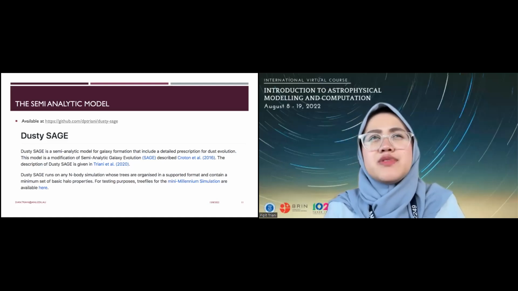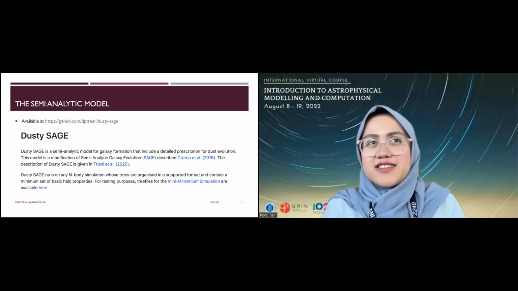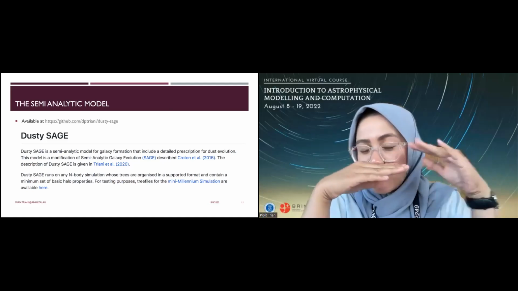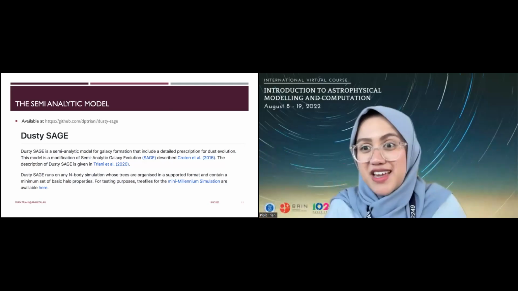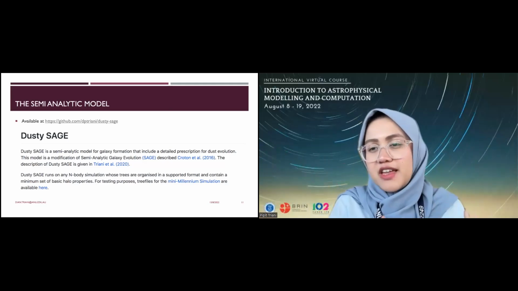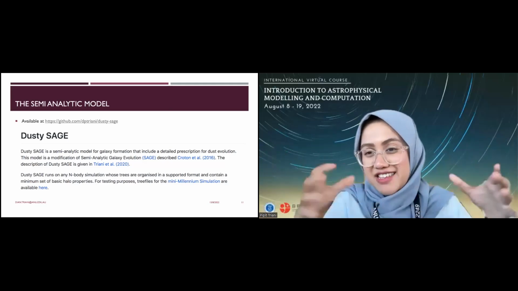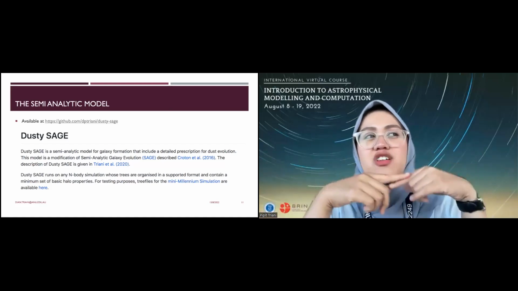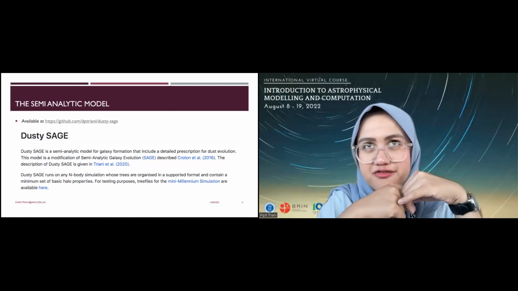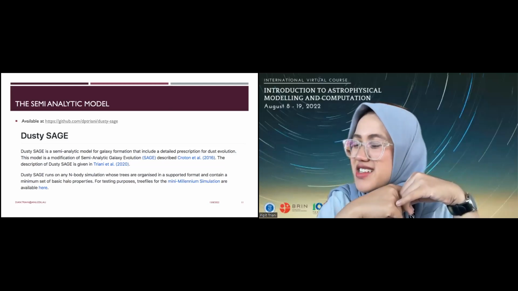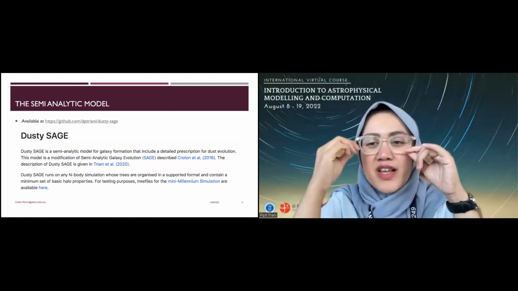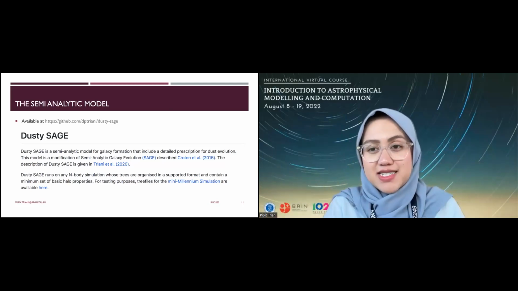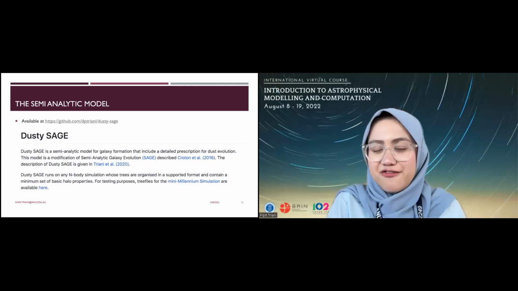The Millennium simulation has a very large box size of 500 megaparsecs, which represents the universe, while the Mini Millennium simulation is the Millennium simulation in a smaller format. The box size is only 62.5 megaparsec, I think. So it's a smaller size, and you can test all of the physics in the model faster.